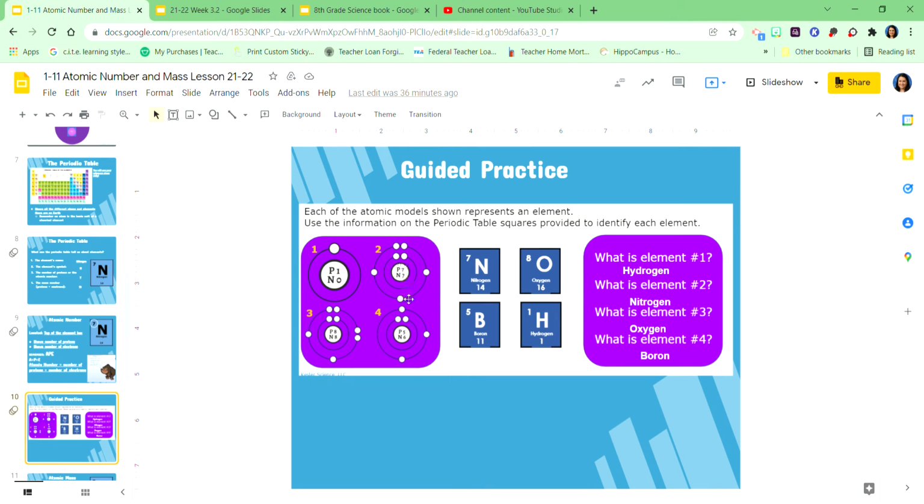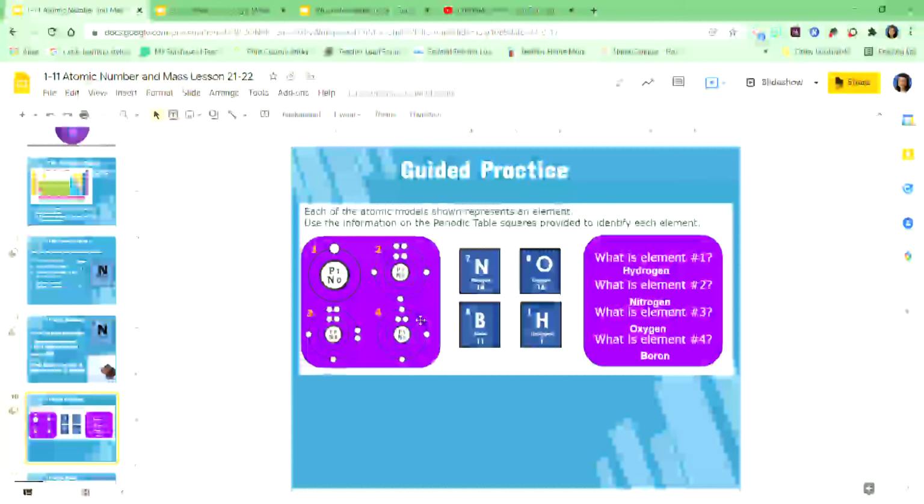Number 2, it's showing us that there are 7 protons, and we count 7 electrons around it, which means it has to be nitrogen because its atomic number is 7. Number 3, it's telling us that we have 8 protons, and we count 8 electrons, so that has to be oxygen because the atomic number is 8. And then number 4, it is telling us there's 5 protons, and we can count 5 electrons surrounding it, so that is boron because the atomic number is 5.